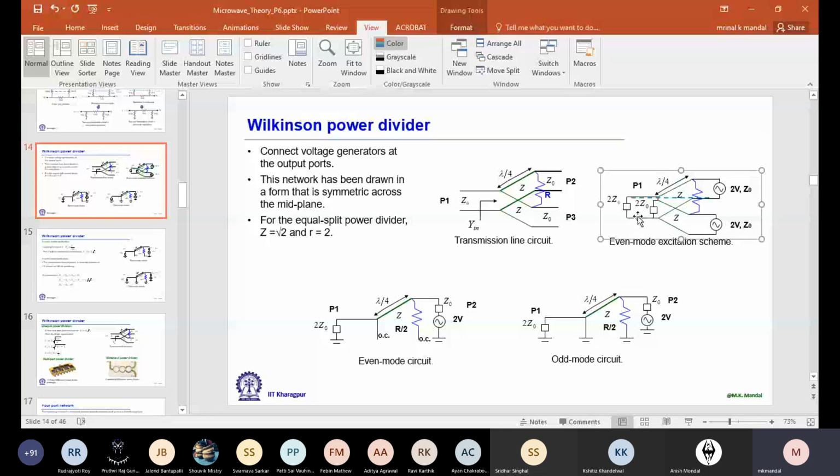They are in parallel, so at this point the equivalent resistance, twice Z0 parallel twice Z0, is Z0. So from the output side, we can't see any change, right? Yes, sir. But the advantage is that now you have a plane of symmetry, as shown by this blue dashed line.